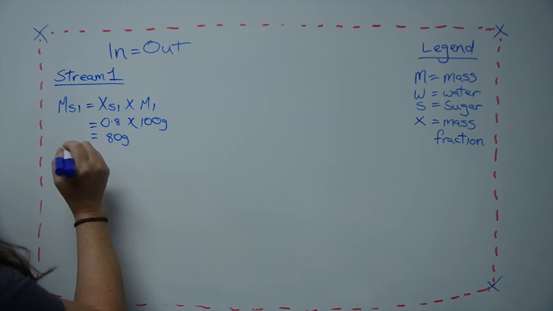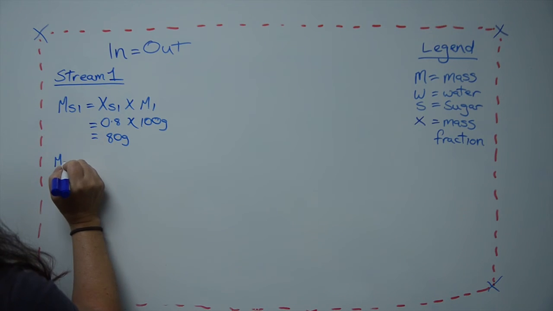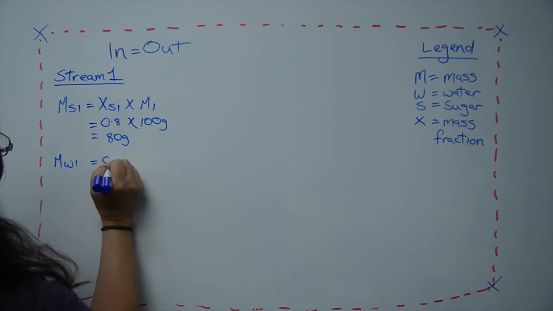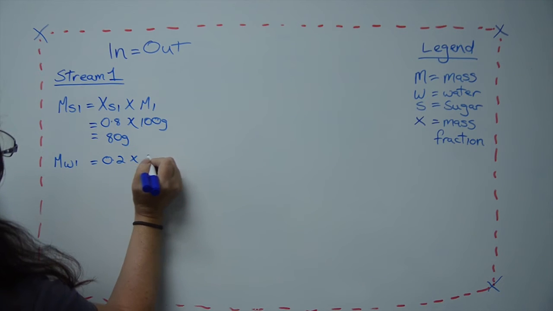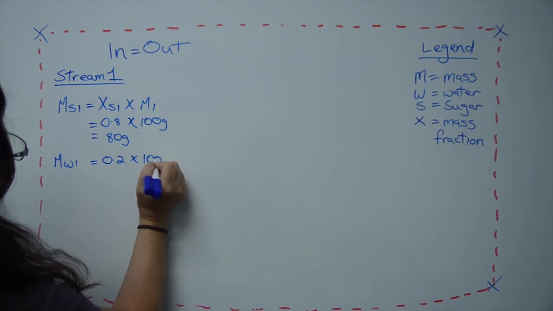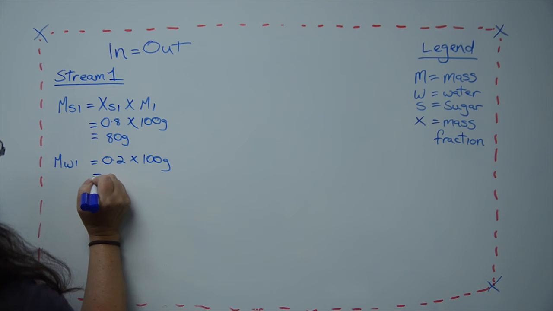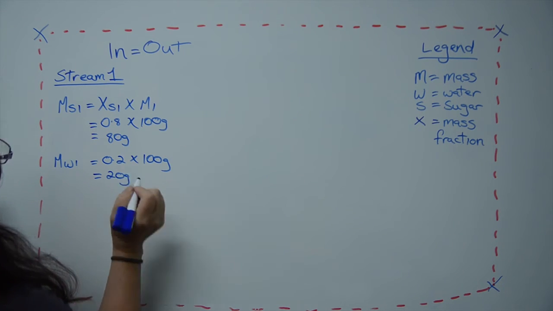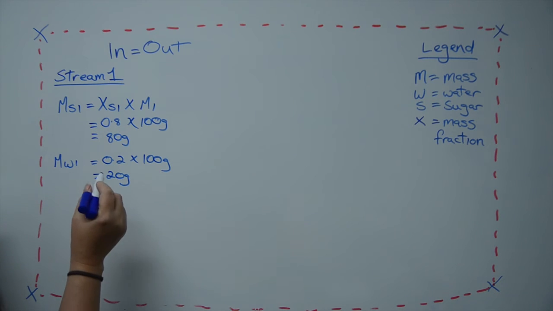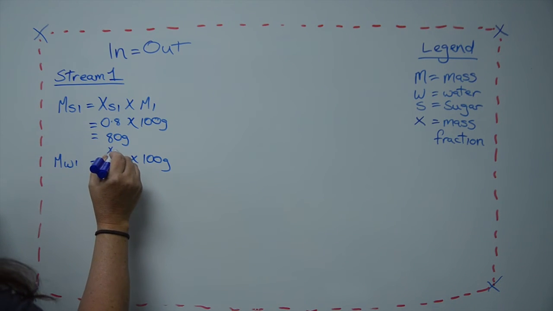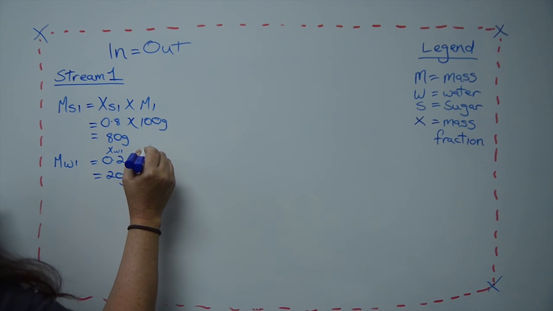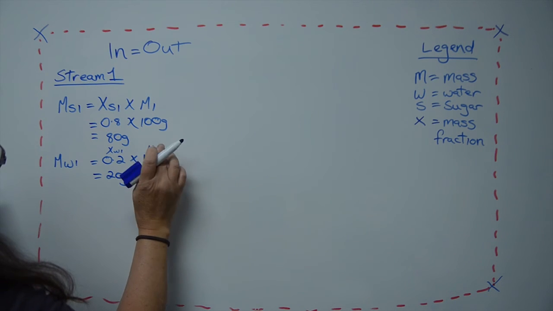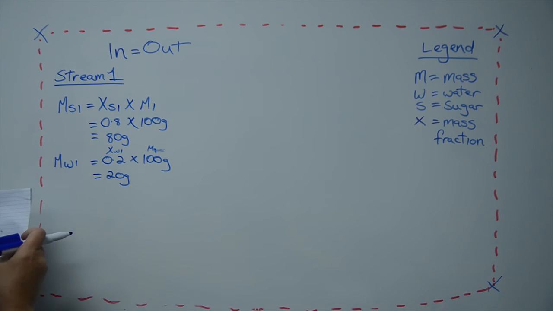Then we're going to look at MW1, and again we know that this is equal to 0.2 times 100 grams, which is equal to 20 grams. You might say I've left out a section there, but this is your XW1 and this is your M1, just in case you forgot what they were.